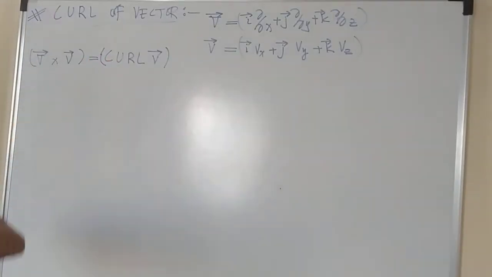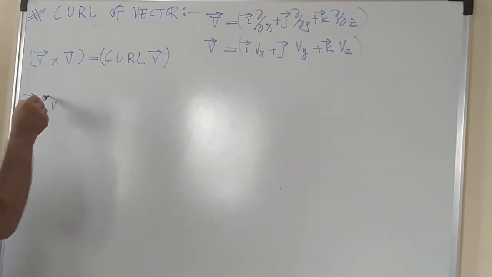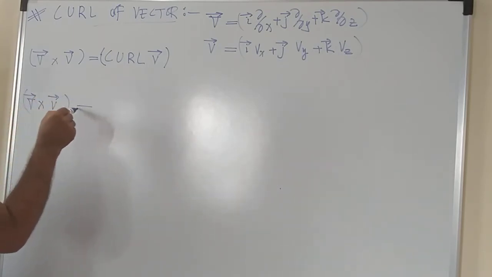If this is the definition of the curl of the vector, then we can obtain the relation for the curl just by putting these two values into it.